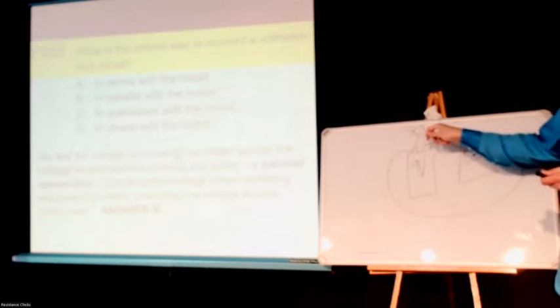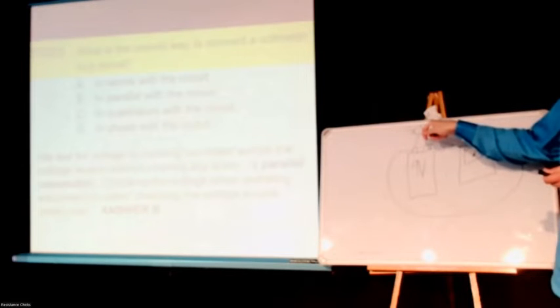I want my voltmeter here. And I connect the wire here and the wire here. This is in parallel. I haven't broken these connections. Okay? So I'm in parallel with that.